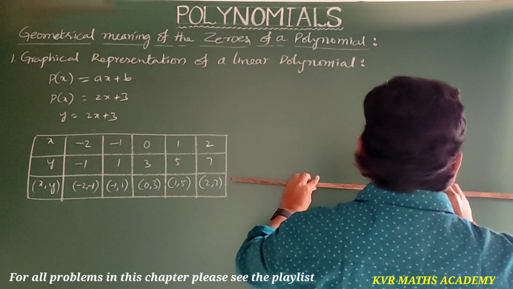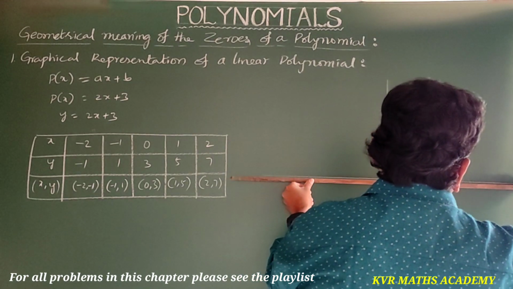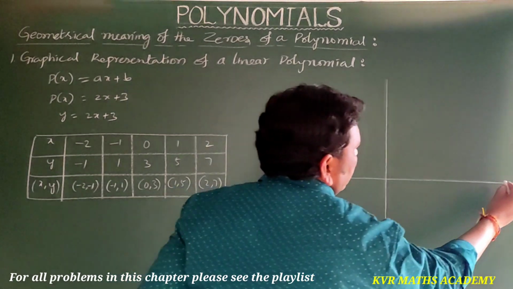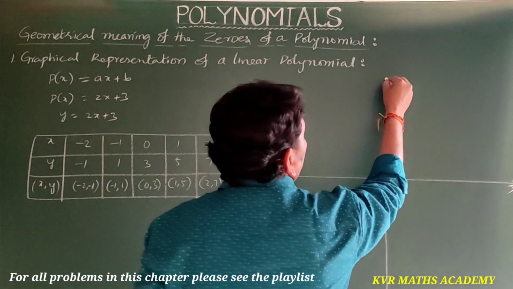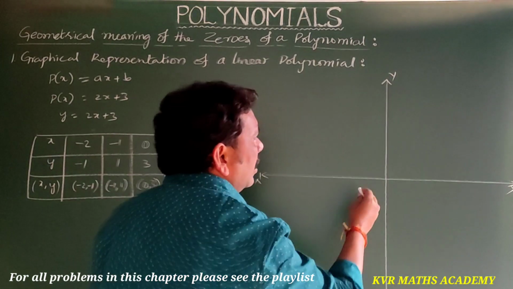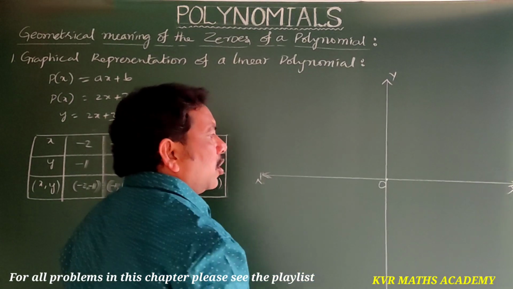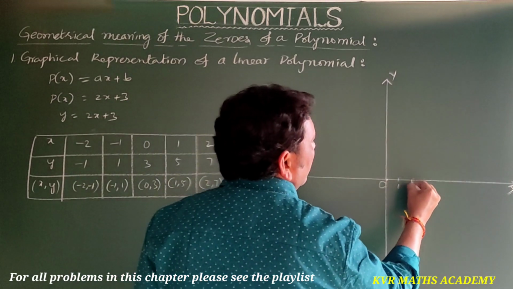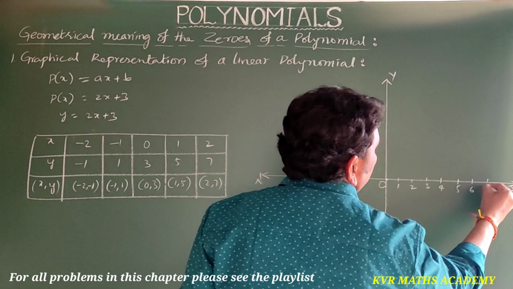First, draw the coordinate axes. This is X dash, next Y dash. The intersecting point is O, (0, 0). Here on the x-axis I have taken 1, 2, 3, 4, 5, 6, 7, up to 7.